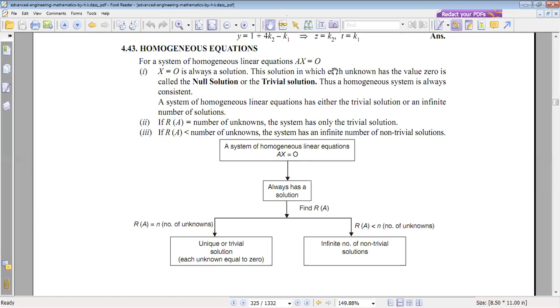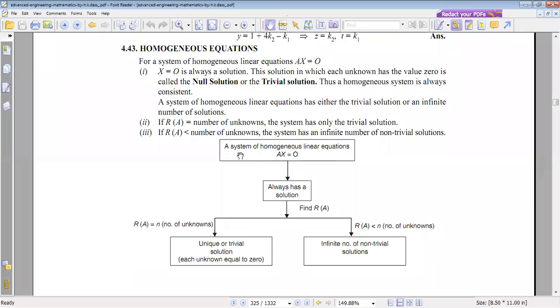So this Ax equal to 0: if the rank of the matrix is equal to the number of unknowns, then the system has only the trivial solution. Trivial solution means x equal to 0, y equal to 0, z equal to 0 are the only solutions. If more than three variables are there, then all of them must be equal to 0.